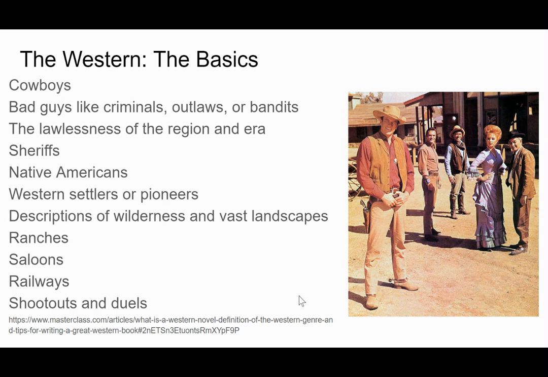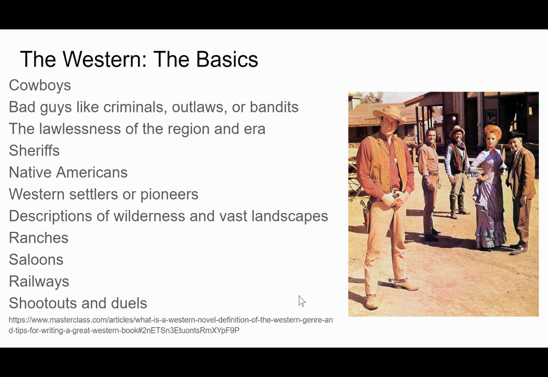Last, I want to talk about the Western. The Western has a lot of bad guys, criminals, outlaws, and a lot of sheriffs. So some elements might be the same as some of the detective stories. It's also going to have ranches and saloons and shootouts.